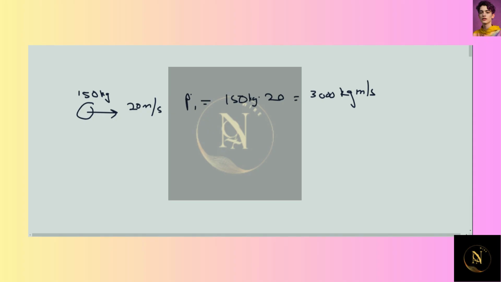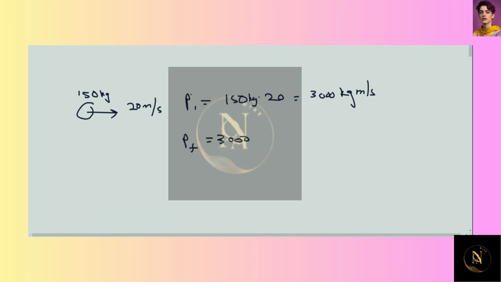Let's see how much momentum he will need in that case. P final has to also be 3,000, because momentum is always conserved, since we assume that him throwing things off is some type of collision that we can analyze as a collision.